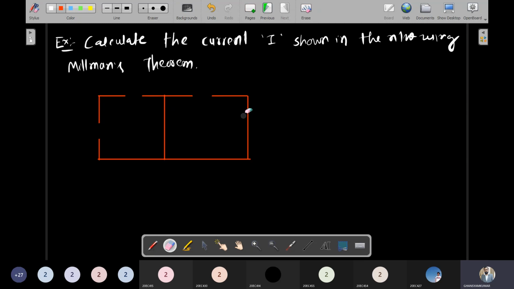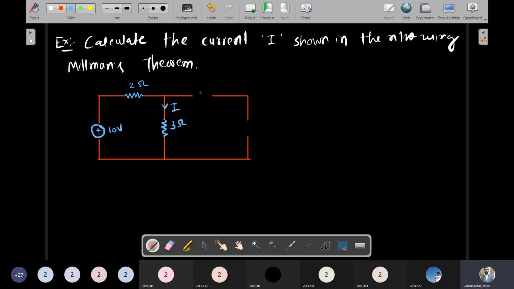So here are the elements. This side, one source is there, that is a 10 volt source. Here is a 2 ohm resistor. This side one more resistor, it is a 3 ohm resistor.